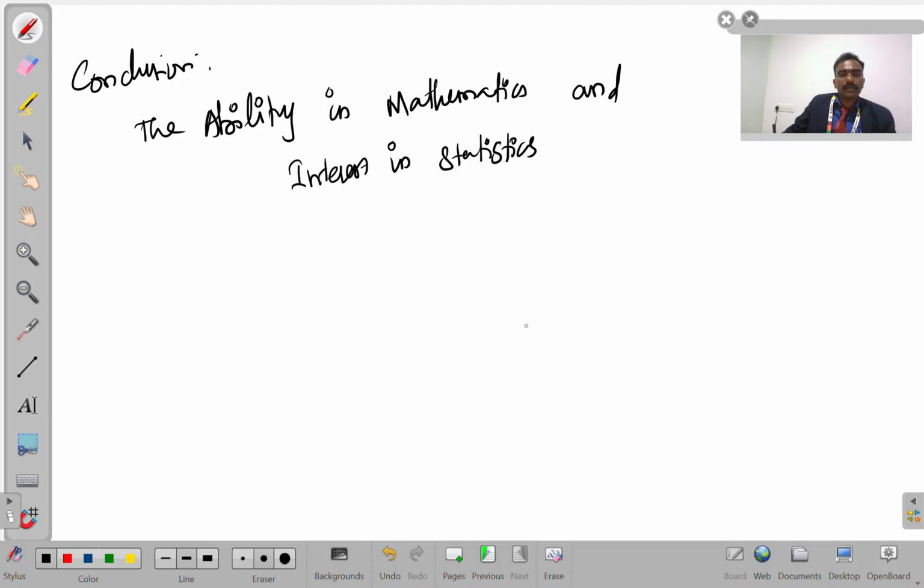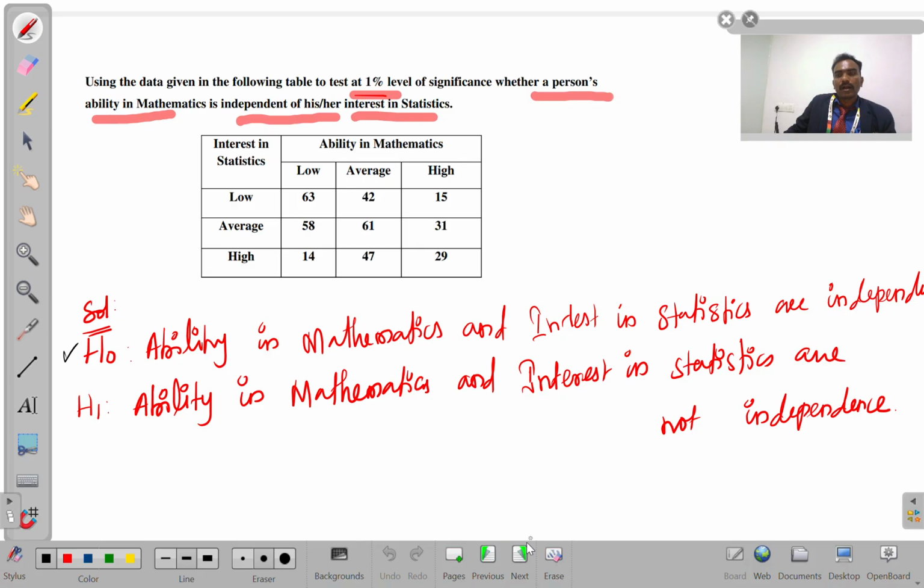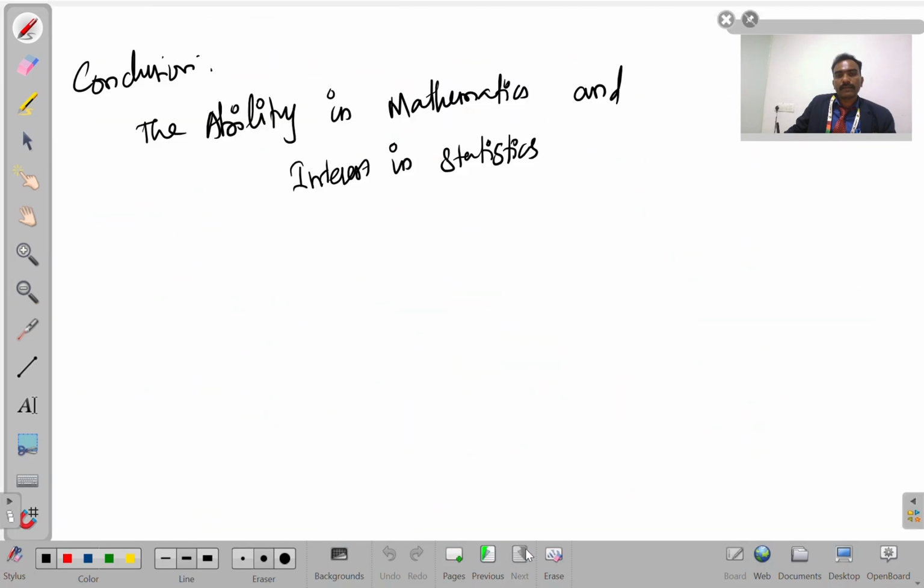In the conclusion place, just write down what H0 is: ability in mathematics and interest in statistics are independent.